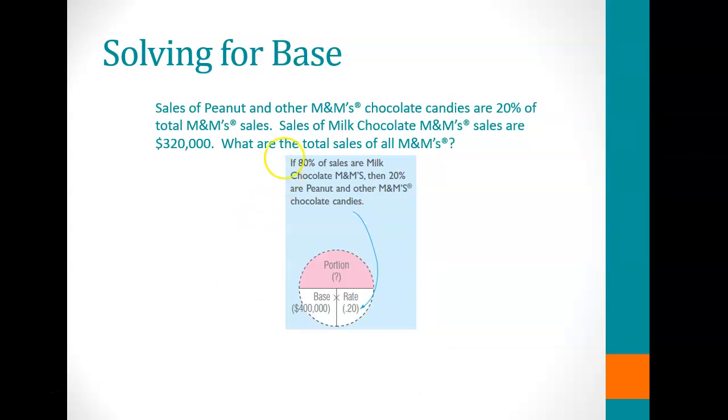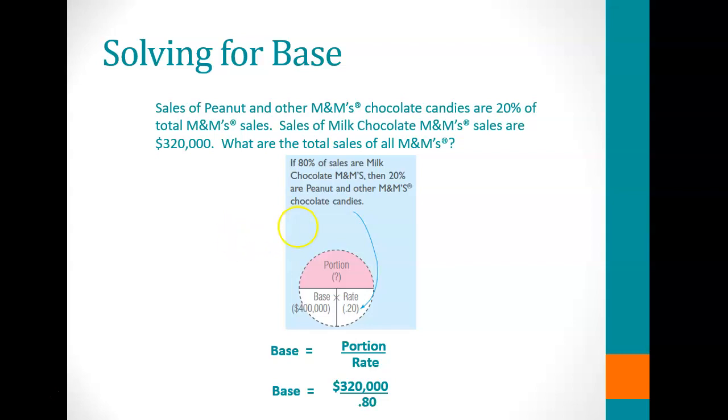Now, it says sales of peanut and other M&Ms are 20% of total M&M sales. And we know that sales of milk chocolate are $320,000, and it asks, what are the total sales of all M&Ms? So in this case, if 80% of sales are milk chocolate, then the other 20% has to be the others, because when you add those together, they must equal 100%. So again, in this case, we're trying to figure out what's going to be the actual base.